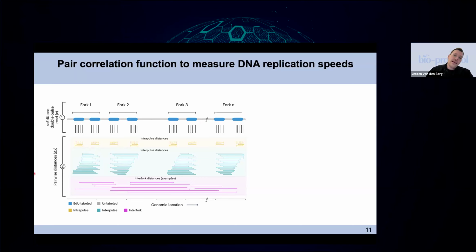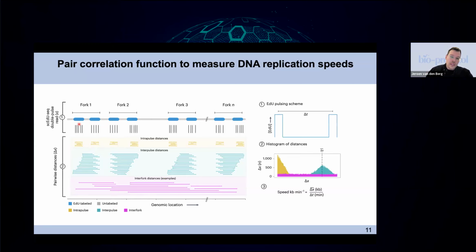And now, if you have many different forks, you of course also get distances between all the forks, which makes it a little bit complicated. But I think we were lucky enough that with a correct labeling scheme, where we can control the time of the experiment, we have an idea of where these cyan reads should pop up versus the purple reads.